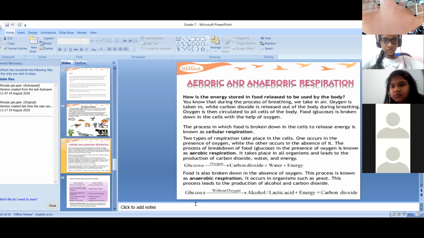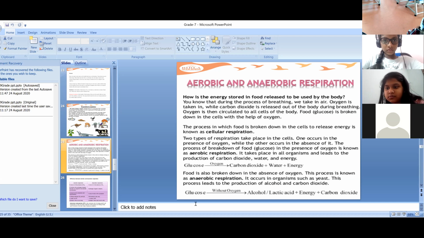So what does oxygen do when the glucose is broken down? Carbon dioxide is released, along with water and energy, with the utilization of oxygen. This aerobic respiration is taking place, the respiration process is taking place in the presence of oxygen. Food is also broken down in the presence of oxygen.